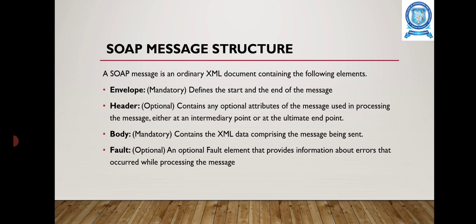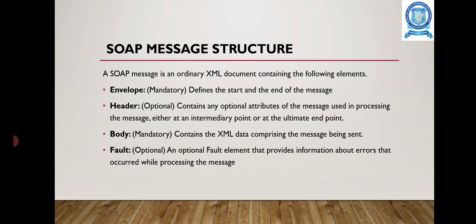SOAP message structure. A SOAP message is an ordinary XML document containing the following elements. First one is the envelope. This is mandatory. It defines the start and end of the message. Next one is the header. It is optional.